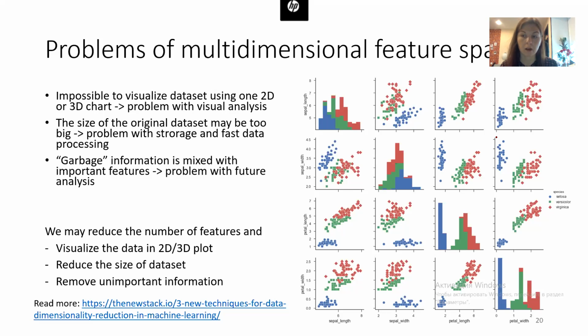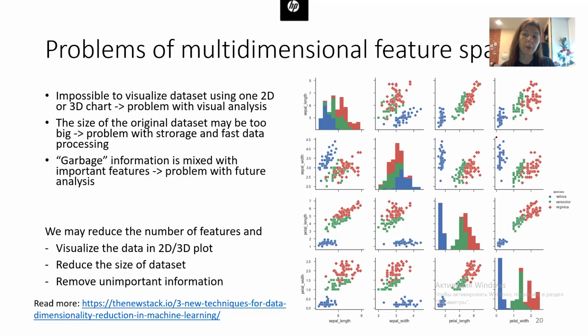And also we have a problem with garbage information because it is mixed with important features. So we have some problems with the future analysis. So when we have garbage information, it's better to remove it from the data set. It's like a filter for our data.